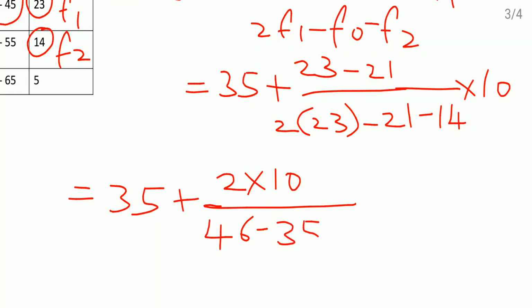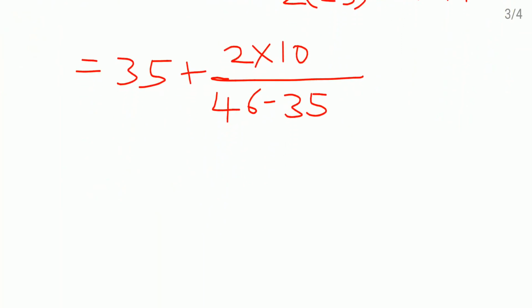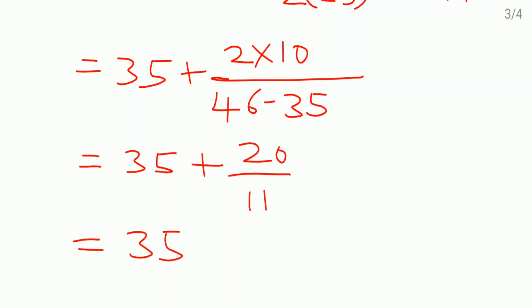So this is 35 plus 20 by 11. So 35 as it is plus, 11 ones are 11, 11 8s are 88.